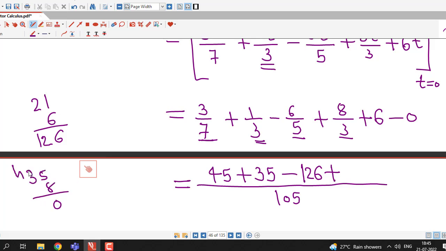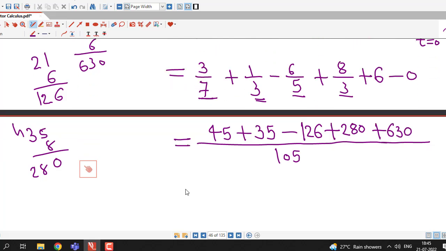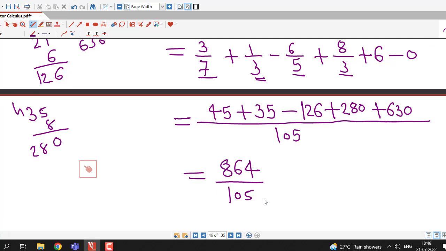So here I have 8 into 3, 24, plus 4, so that is 280, and here I have to multiply 105 by 6, so I will obtain 630. And now we will sum all these quantities in the numerator, 45 plus 35 and so on, and you will obtain this addition equal to 864 divided by 105.